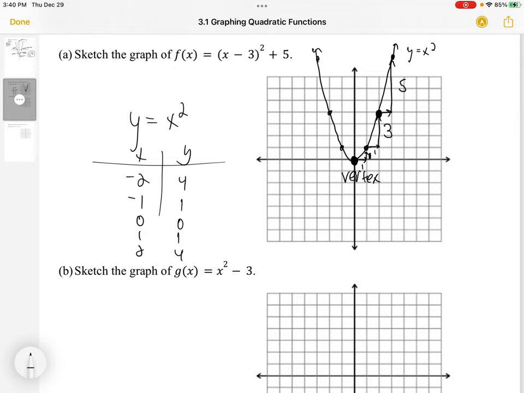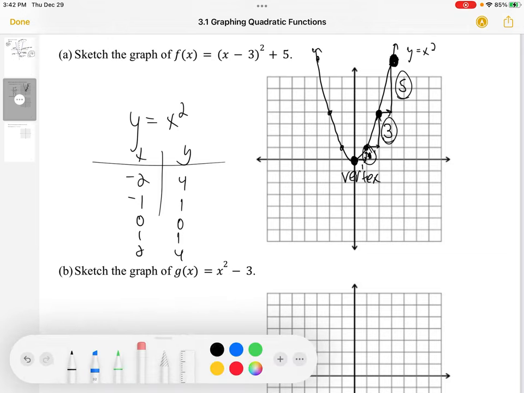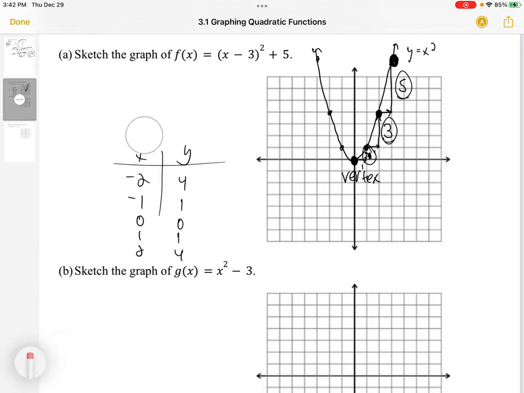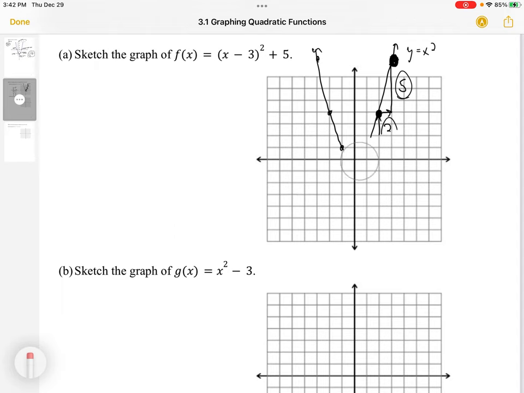So each step is 2 units higher than the last, and you can see that those steps are odd numbers. The point after the third one on the right is going to be 1 unit to the right and 7 units up. I want to point that out because it's going to make graphing a lot easier when we're graphing other quadratics with vertexes in other places.